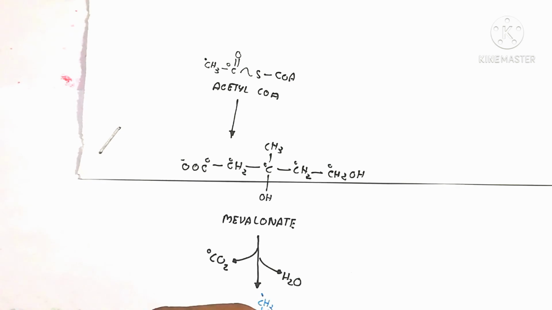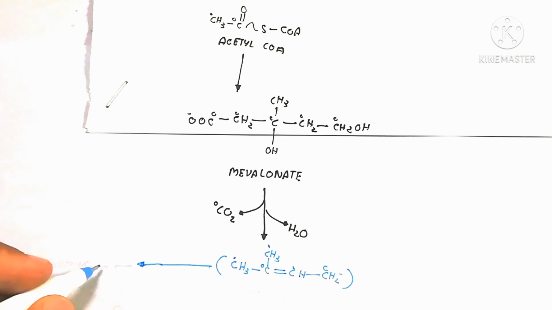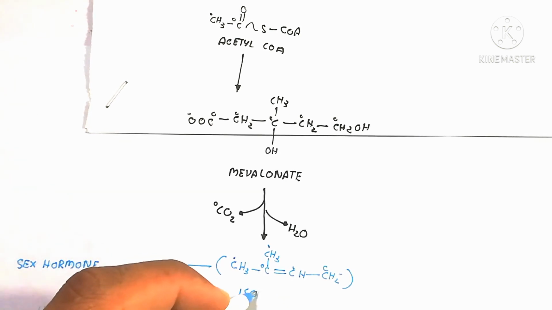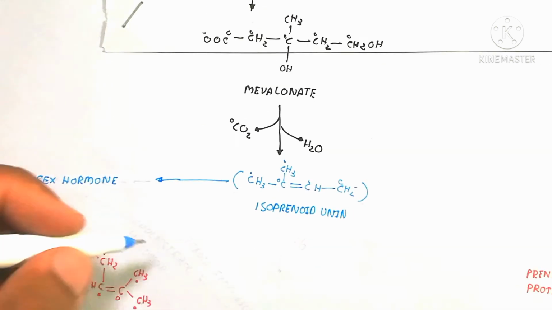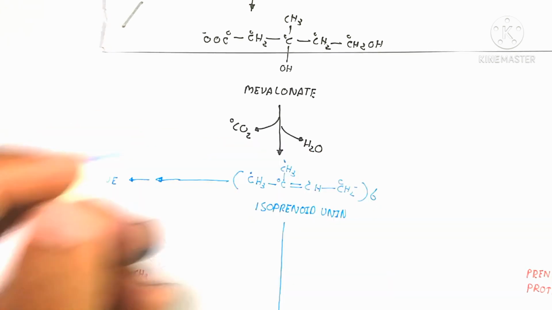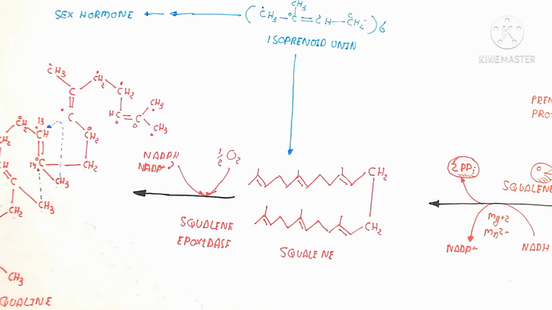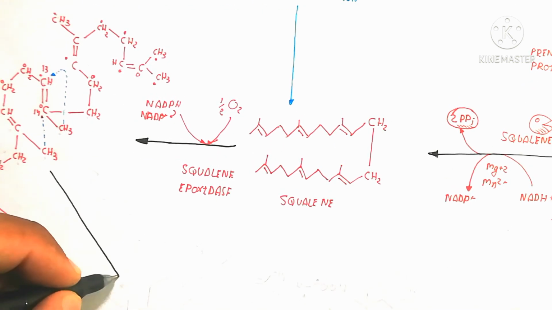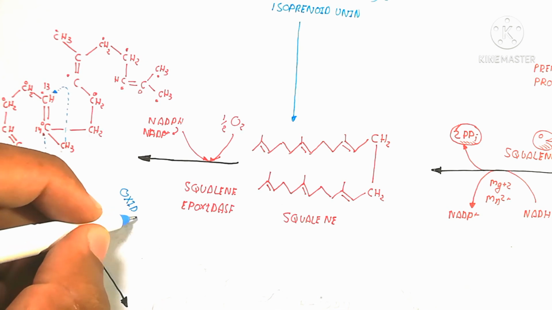That isoprenyl unit is the precursor of sex hormones, steroids, and androgenic hormones, basically steroids. So this isoprenyl unit, 6 prenyl units, goes through a chemical reaction to produce cholesterol. Again, this is a separate chemical reaction.